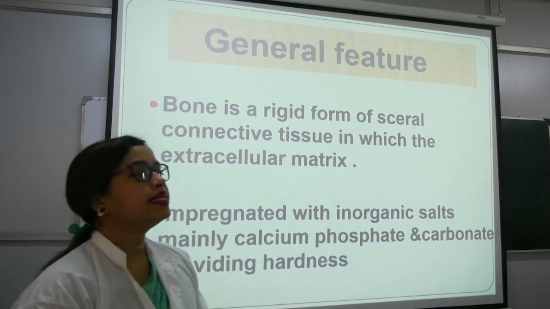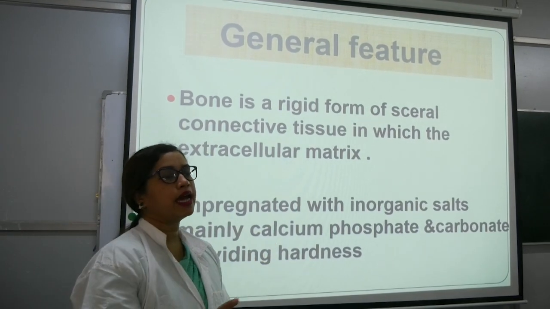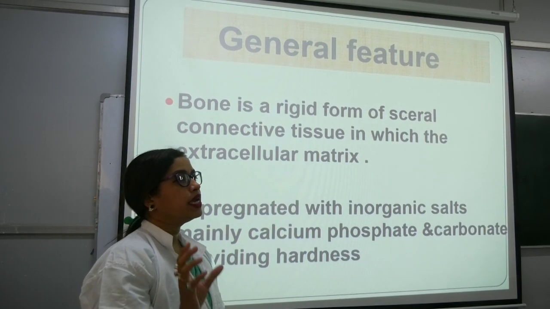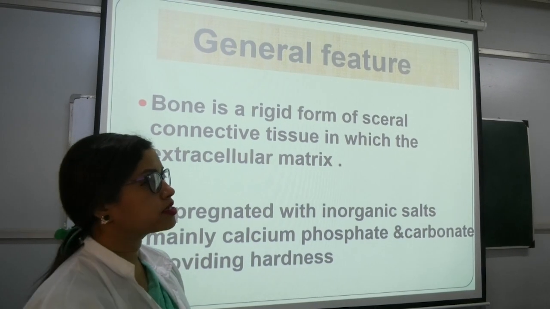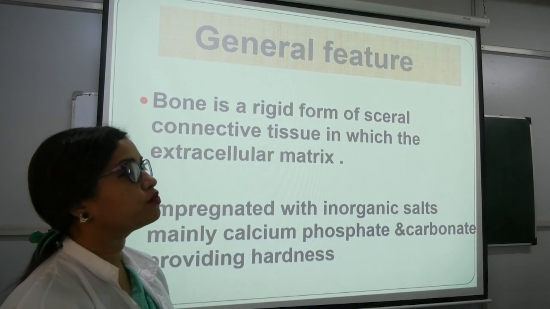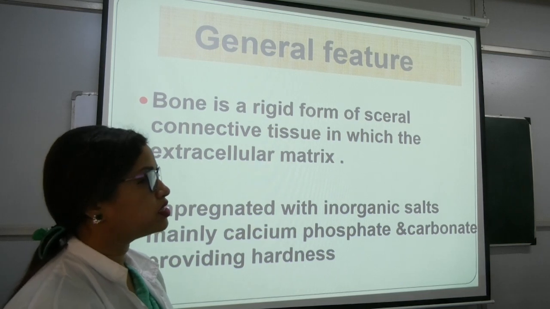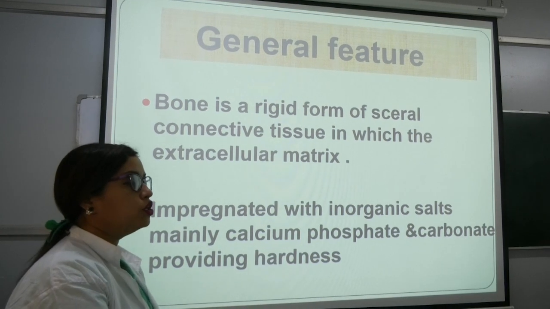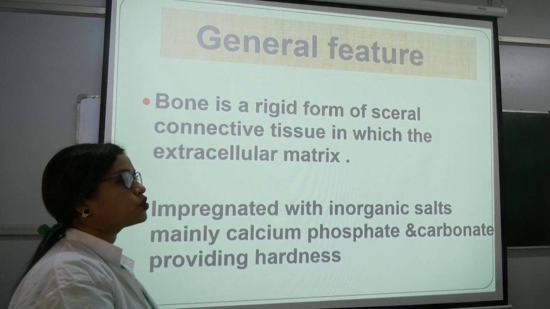Write it down: it is a type of skeletal connective tissue that consists of an extracellular matrix, and in that there is some kind of inorganic substance, the salts. These are the calcium and phosphate salts. So in what form?